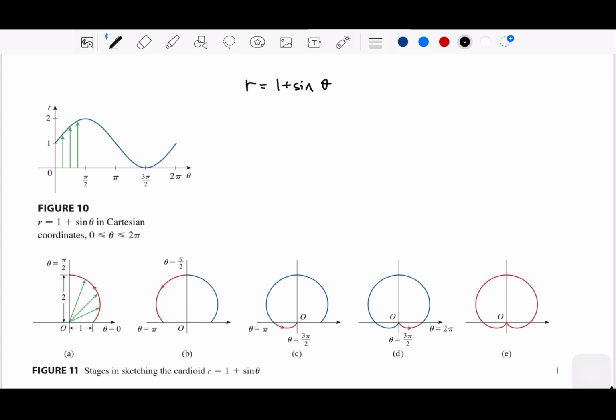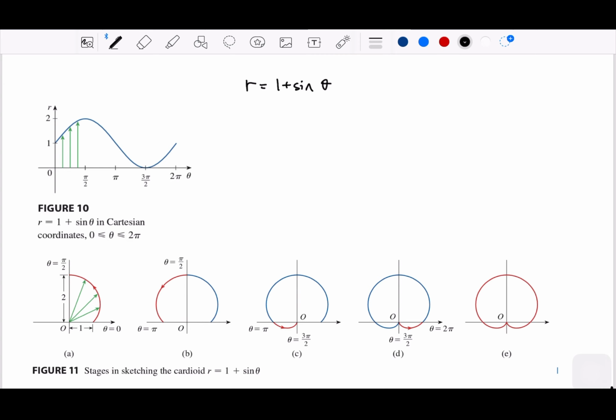So start with the first one here. Take theta equals 0. Sine 0 is 0, so it's just r equal 1. So this will be starting from here, 1. Okay. And then take theta pi over 2, which is the maximum for sine.